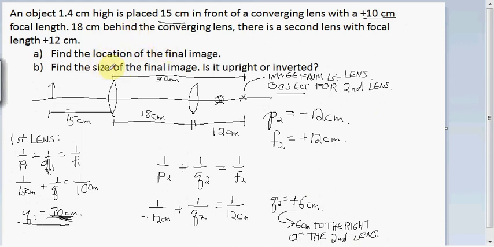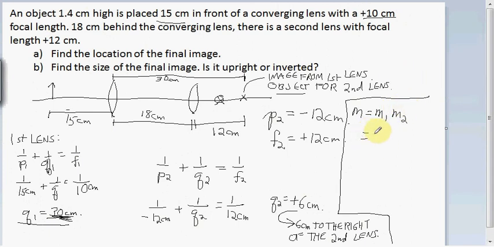The other thing we said we were going to find was the size of the final image. And remember, to do that, we need magnification. So the magnification for a two-lens system, I take the individual magnifications and multiply them together.